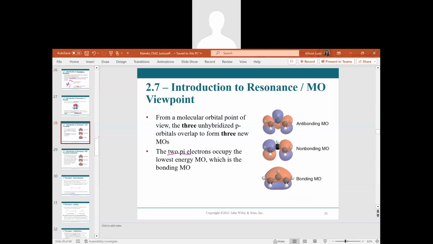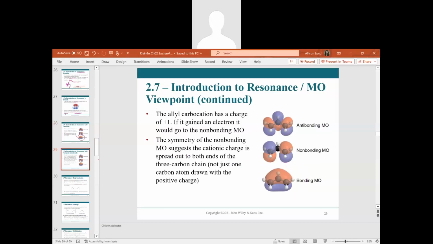Those 2 pi electrons would occupy the lowest energy molecular orbital, which would be a bonding molecular orbital. So we look at this structure here, and we see that a bond would occur with these 2 pi electrons.